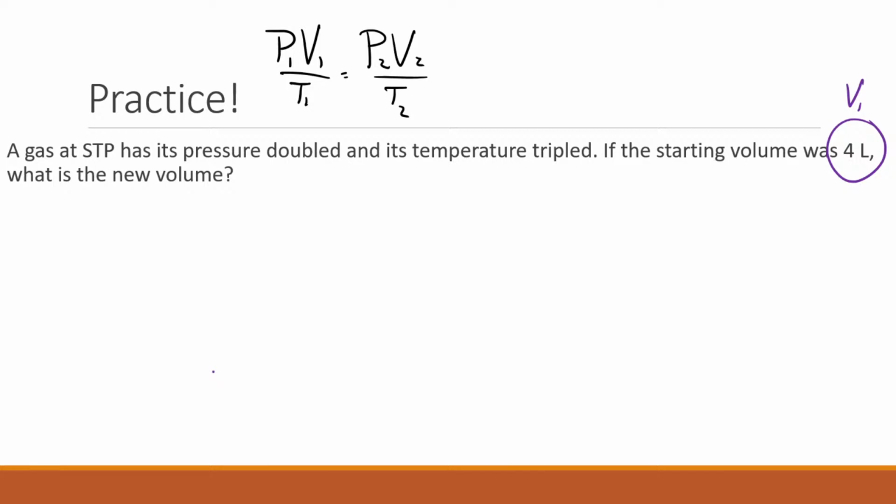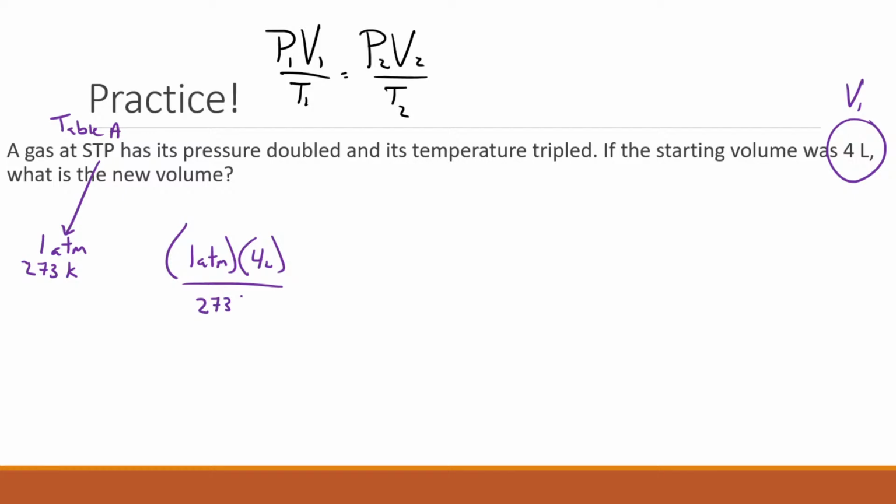STP is an abbreviation that tells us 1 atmosphere and 273 Kelvin. STP is a set of values that we can find on table A. So I can plug these in. A gas starting at STP, it gave me the starting volume, so I know P1, 1 atm, I know V1, 4 liters, and I know T1, 273 Kelvin.